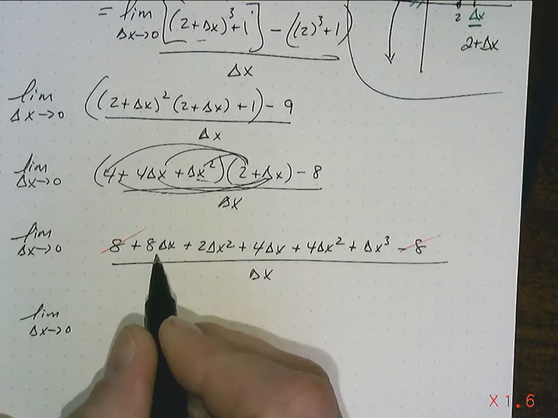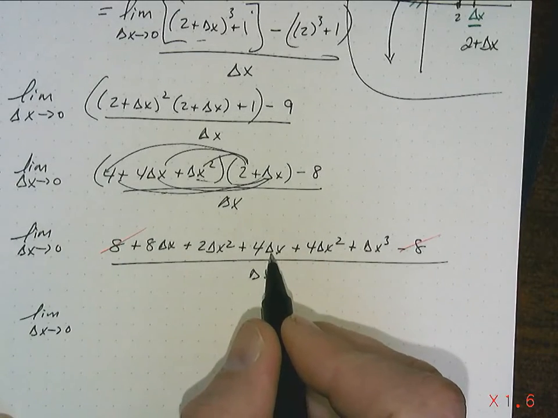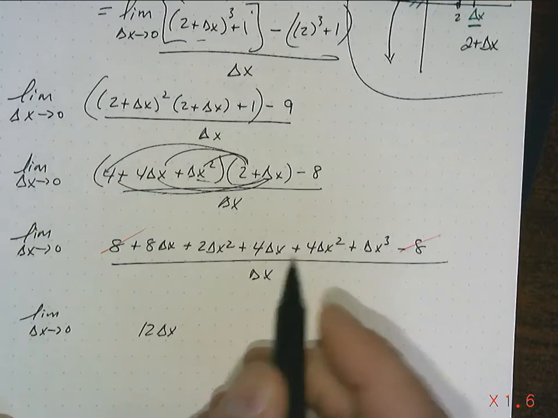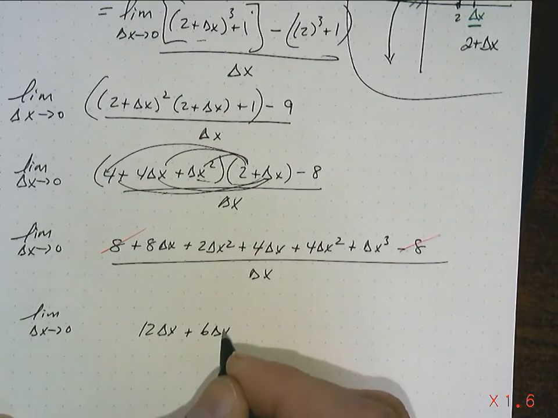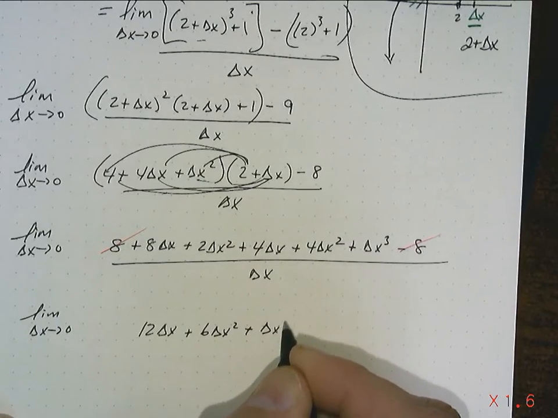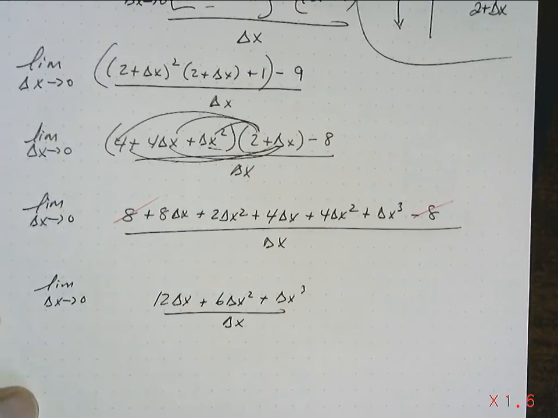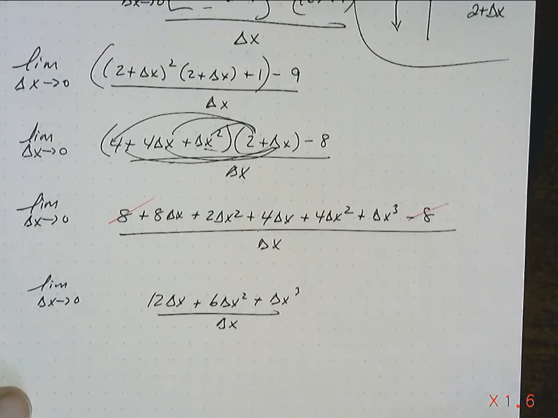I got 8 delta x's plus 4 delta x's is 12 delta x's. I've got 2 delta x squared plus 4 delta x squared, that's 6 delta x squareds, and plus 1 delta x cubed. You do realize that if I take the limit at this point, I get 0 over 0, which means I still got some work to do.